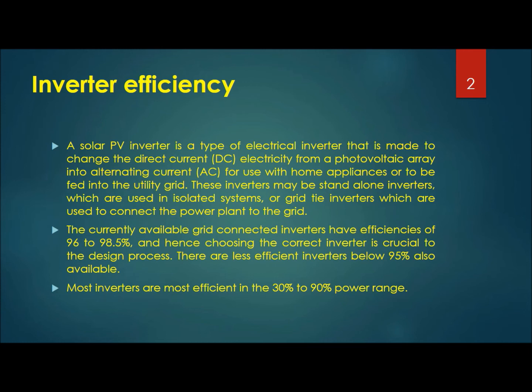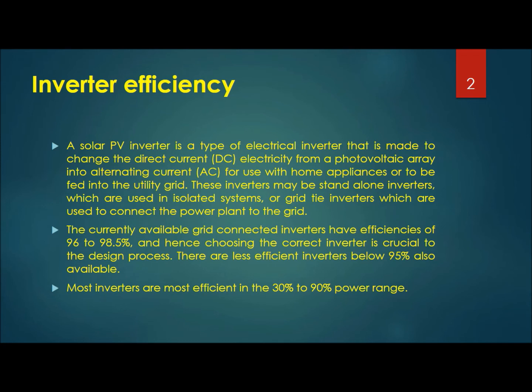The efficiency of an inverter has to do with how well it converts the DC voltage into AC. The currently available grid connected inverters have efficiency of 96 to 98.5%, and hence choosing the correct inverter is crucial to the design process.